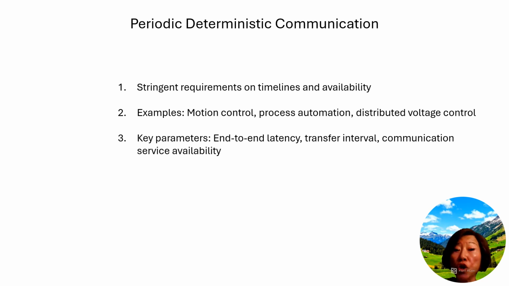To achieve such low and consistent latency, 5G employs several key technologies. One is the use of mini slots in 5G NR, which allows for transmission duration as short as 2 OFDM symbols, about 140 microseconds in some configurations.